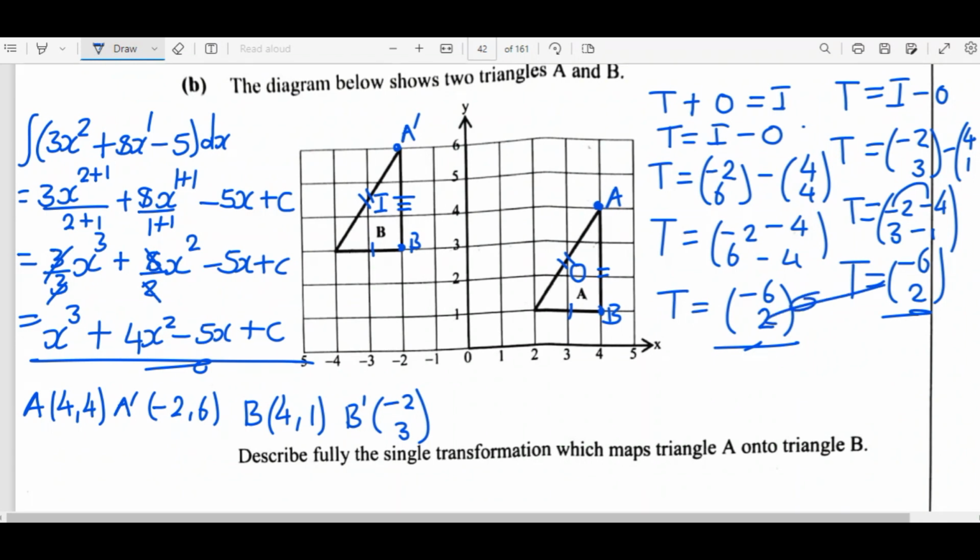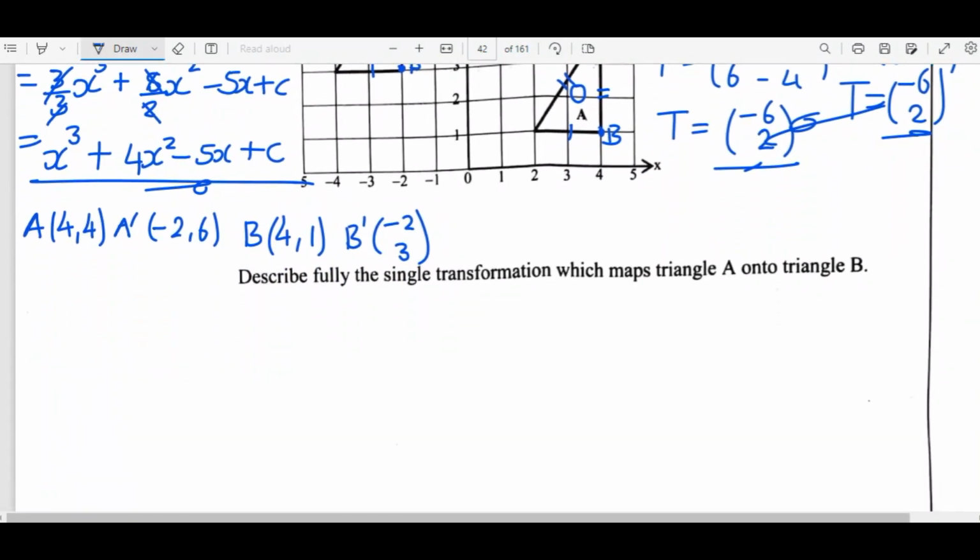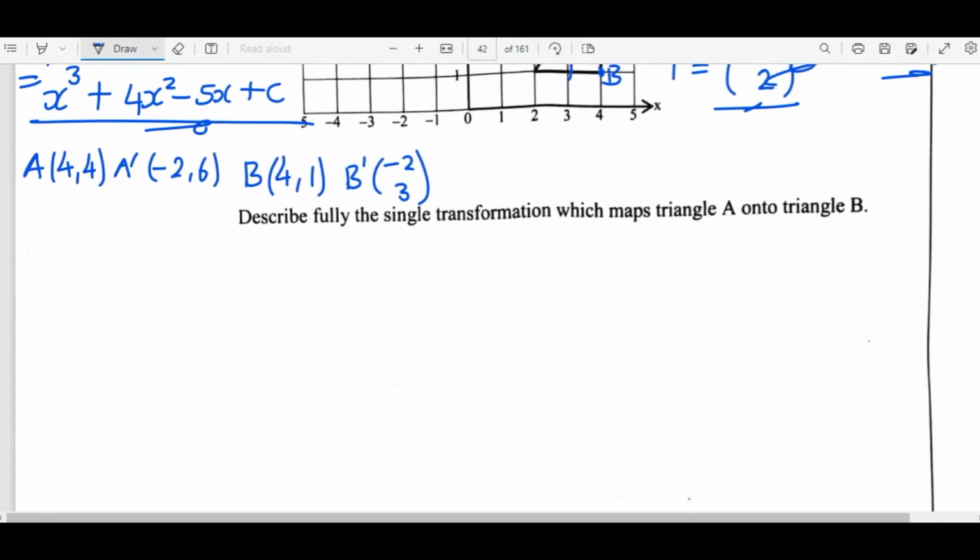The concept behind finding the translation vector is that you get the coordinates of the image, you subtract the coordinates of the object, and then you have the translation vector. Now that we have our translation vector, we can give the description.